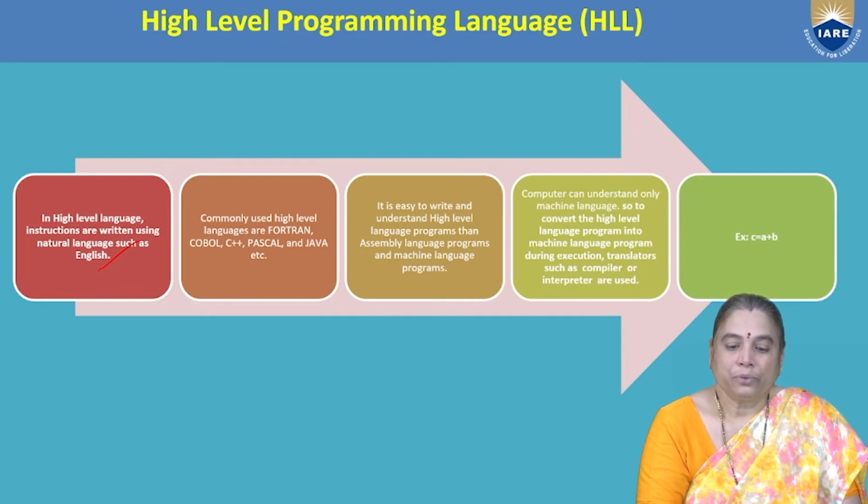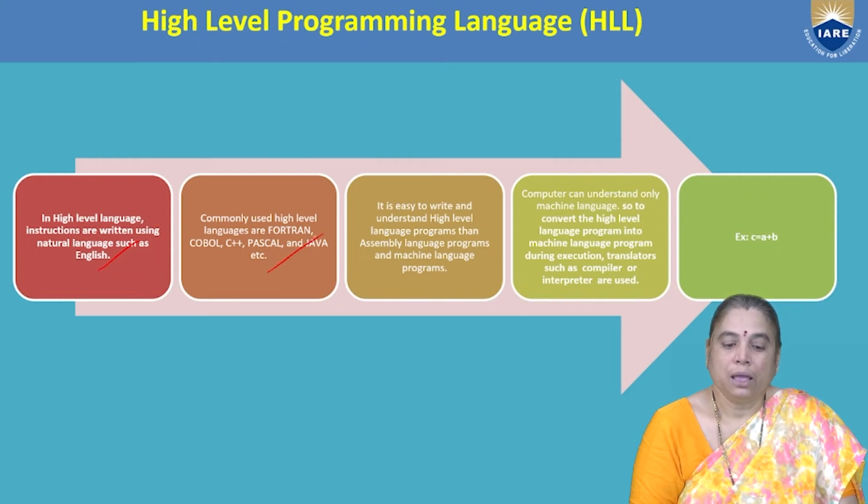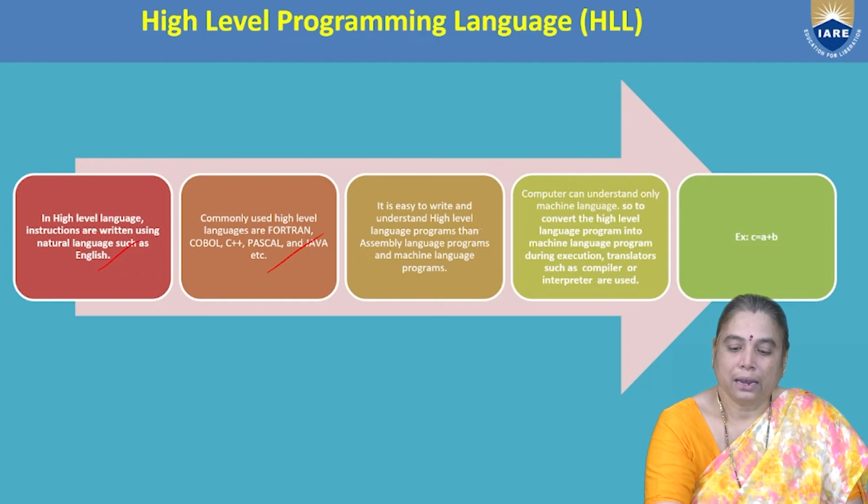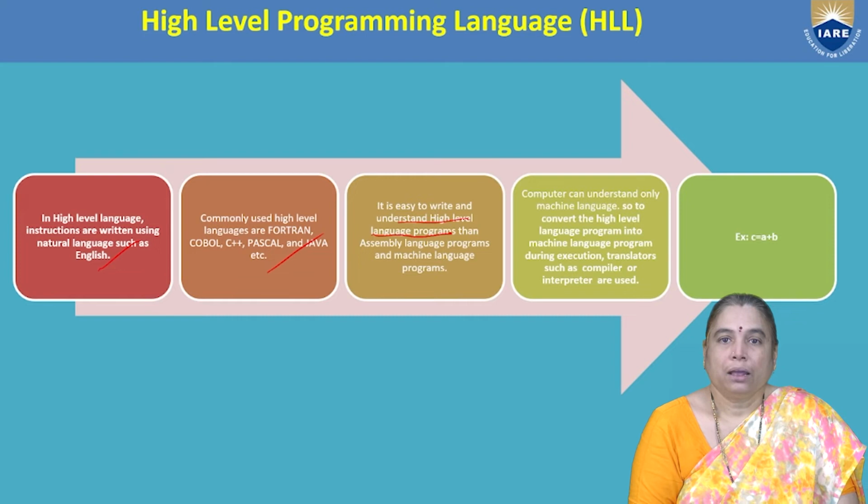A variety of high-level languages are available. These are COBOL, C++, Pascal, Java; all these come under high-level programming languages. It is very easy to write and understand high-level language programs. Why? Because they are written like a natural language like English.